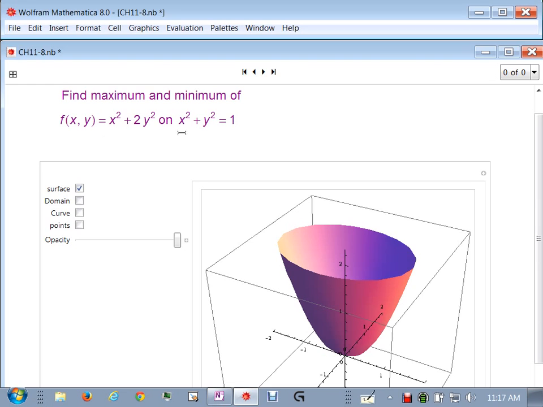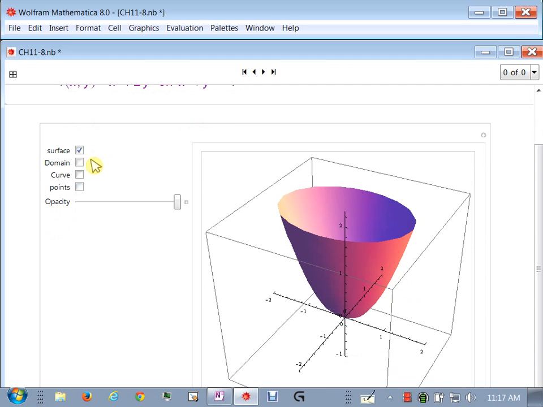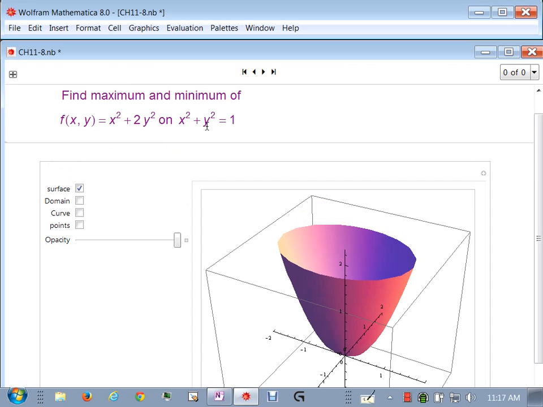So this right here, x squared plus y squared, is our g of x,y, and our equals 1 is our equals k. You see it? And then here's our function f. Now, the picture of what's happening: x squared plus y squared equals 1 is a circle, right?